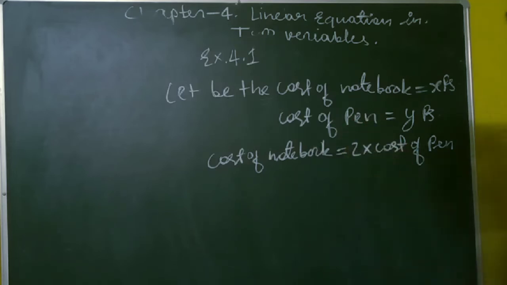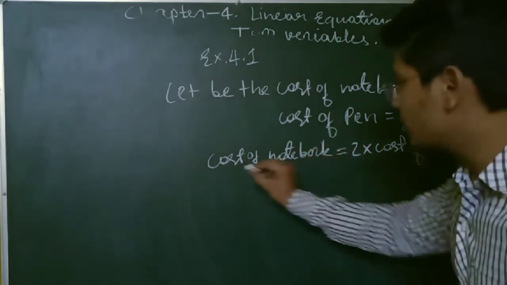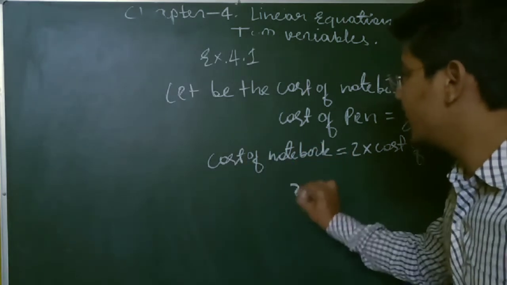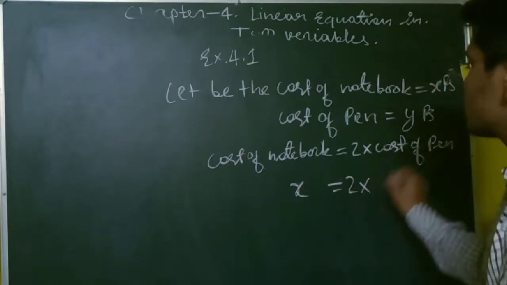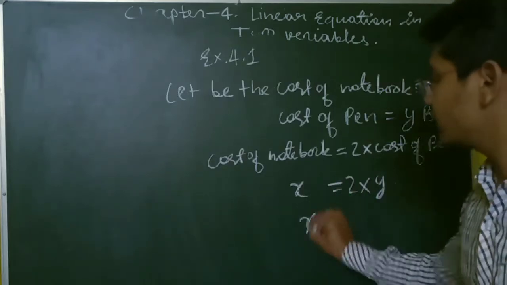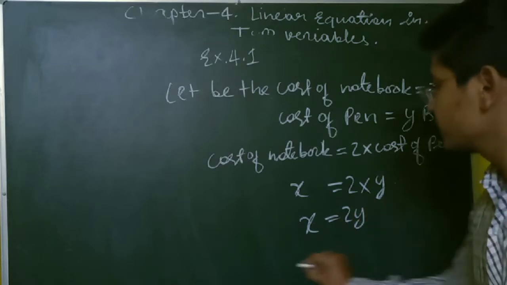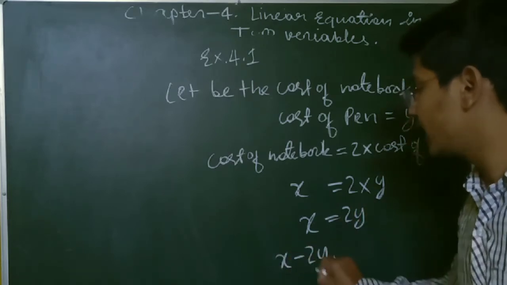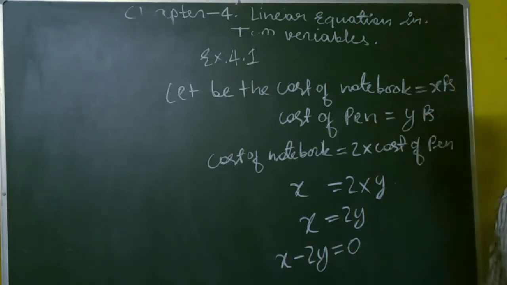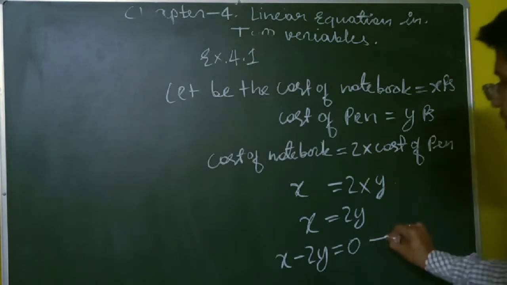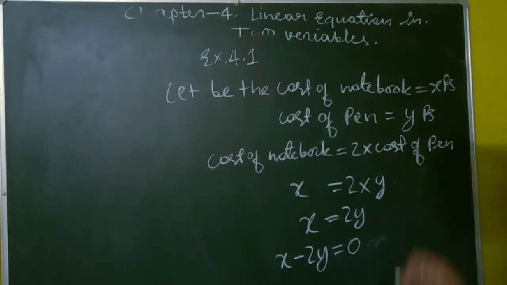Let us take an example. If the pen is of rupees 5, then the notebook will be of rupees 10. So here I am writing cost of notebook x, 2 into cost of pen is y, so we are having x equals 2y, x minus 2y equals 0. This is our linear equation in two variables for this situation.